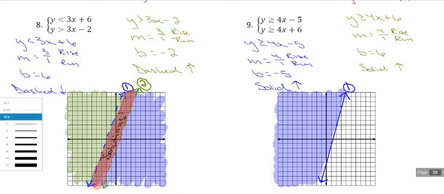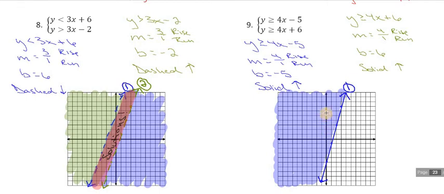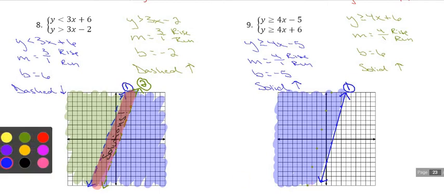So we're going to begin with our b, the y-intercept of positive 6. 1, 2, 3, 4, 5, 6. And rise 4, run 1. Or down 4, left 1. Okay, so we've got another solid line here for this boundary.